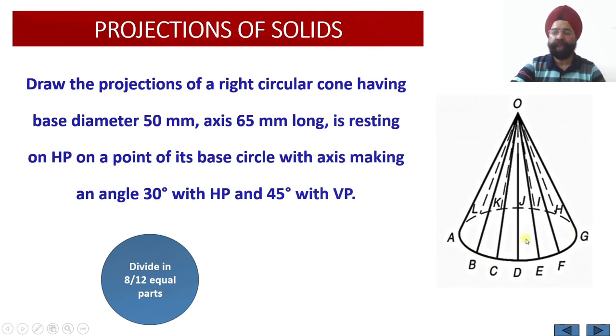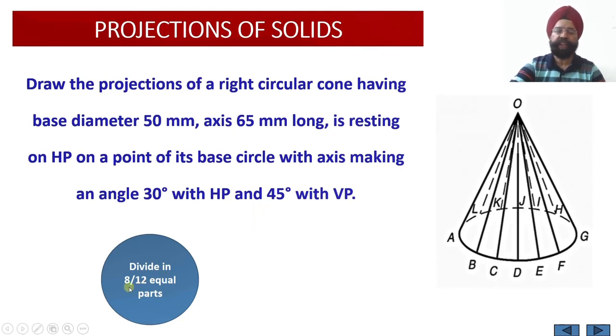Since the first angle of inclination is with respect to the horizontal plane, we are going to draw the top view of this cone, that is, the true shape of the circular base will be drawn onto the horizontal plane in the top view. So obviously this will be drawn below the XY reference line.